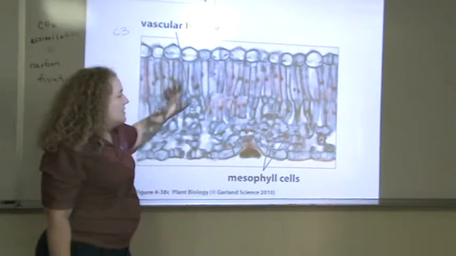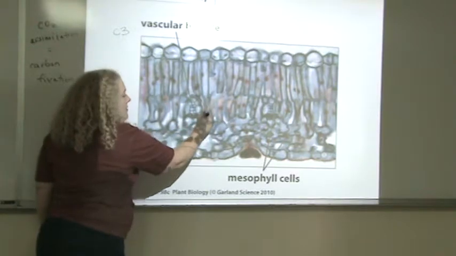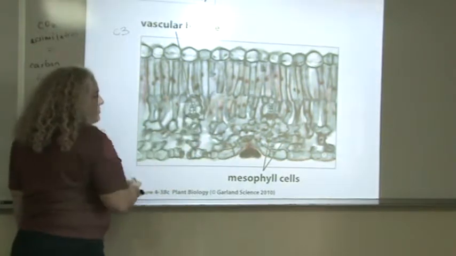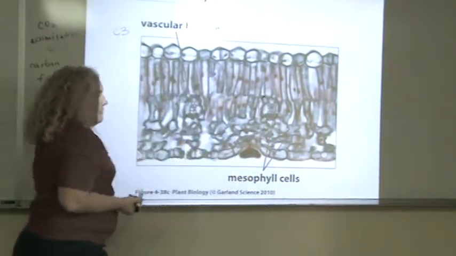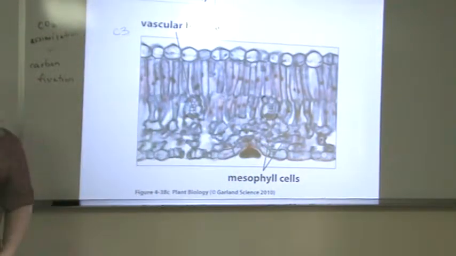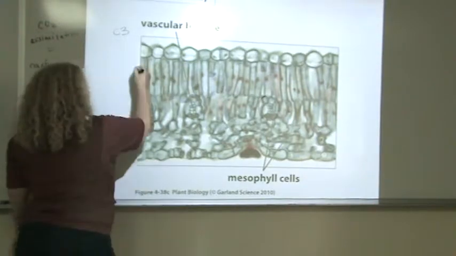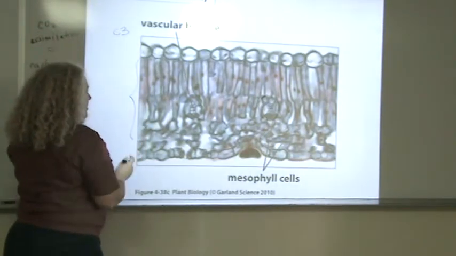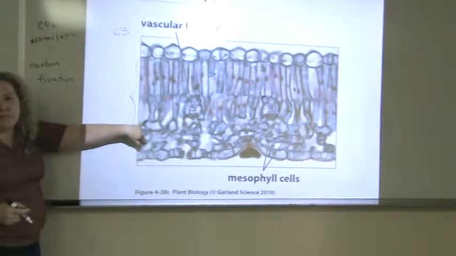But the main thing that tells you that this is a C3 leaf is how the vasculature or the vascular bundles are arranged. What's in the vasculature? Xylem and phloem. So water and sugar carrying elements. And surrounding those are the mesophyll. So we talked about before we have palisade mesophyll, and then we have spongy mesophyll.